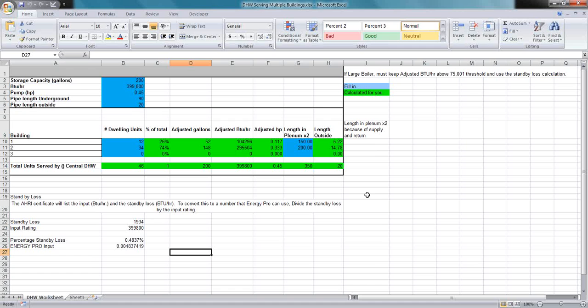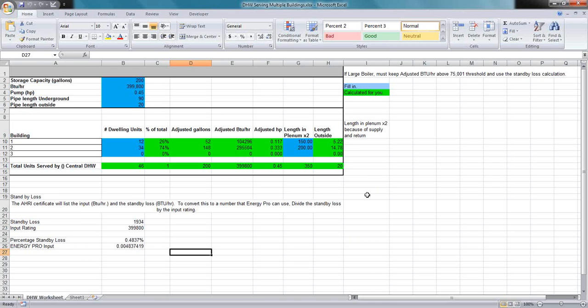There's a question about standby loss as a percentage of what? Do you just divide the BTUs per hour by 100, or what do we do with these numbers? There are a couple of different terms being thrown around here related to standby loss. The best guidance you can find is in our energy modeling guidelines, or as I keep saying, you can always give us a call here at the program.